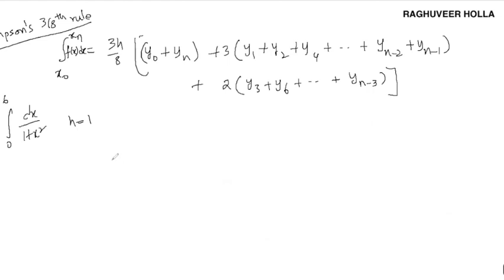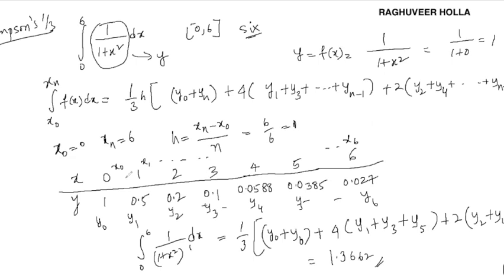We get here, corresponding to x naught, y naught. So this is the same thing which we get: 1, 0.5, 0.2, and so on.